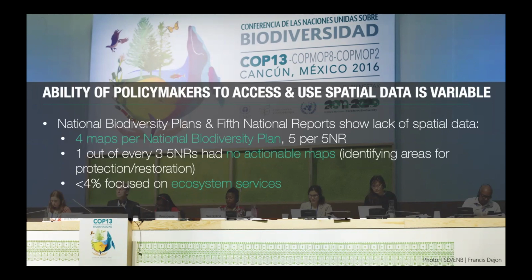So this isn't very many. This is very few, especially when we compare with the massive amounts of spatial data that are being generated at national and global levels. So what's the gap? Why isn't spatial data making it into these key plans or into the equivalent reports under the Convention on Biological Diversity?